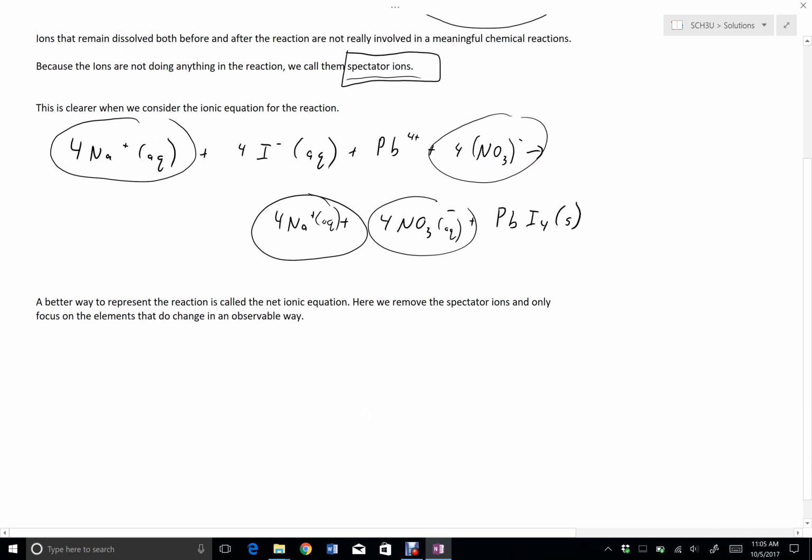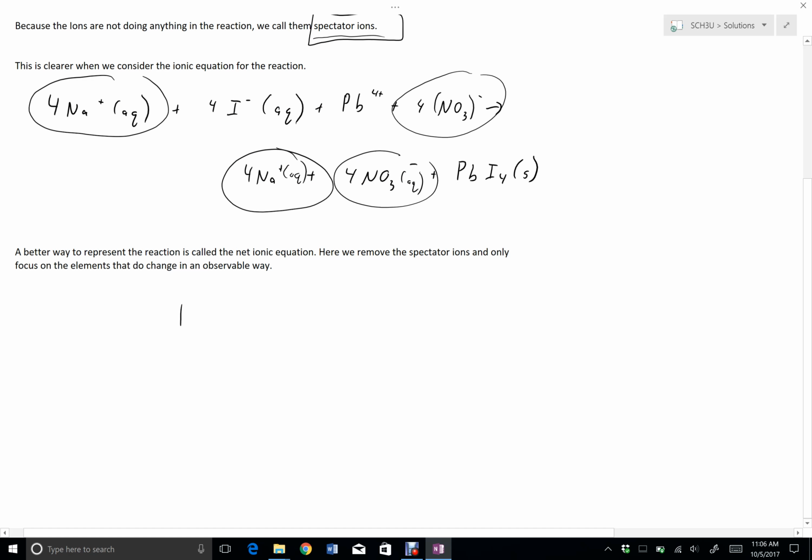Alternatively, the meaningful reaction that happens here is that lead 4 is combining or crystallizing with our 4 negative iodine ions, to make lead 4 iodide.